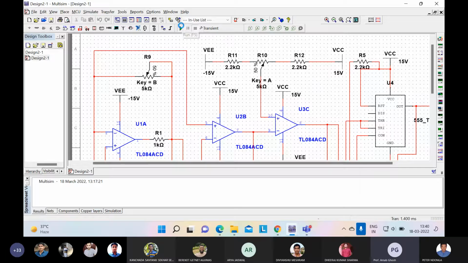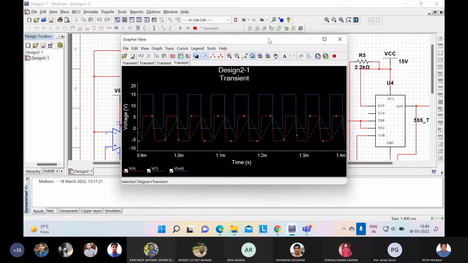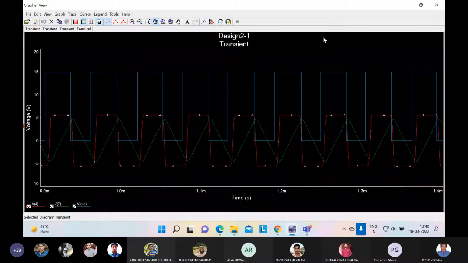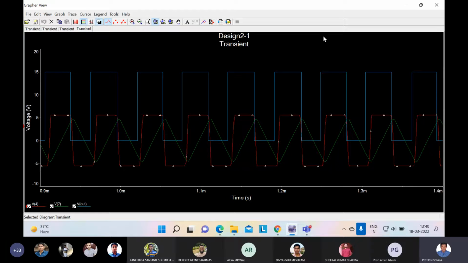What is this triangular one? The triangular one will be the voltage at op-amp 2, sir. The red one is the voltage at op-amp 1, then the triangular one of op-amp 2, and the output voltage is the one in blue.